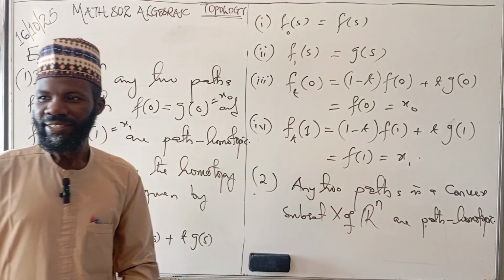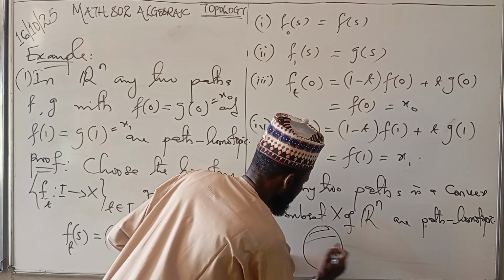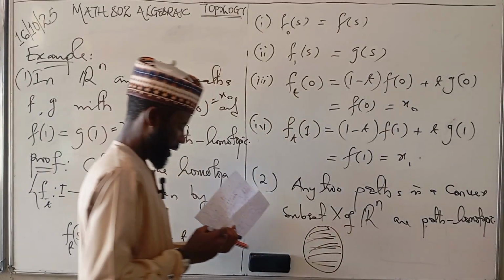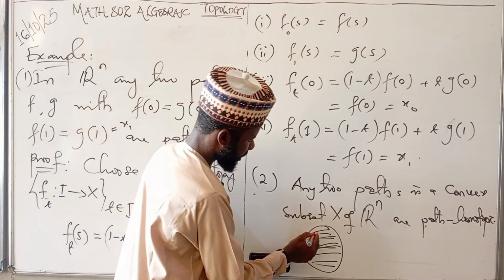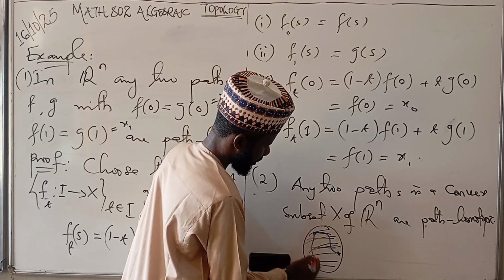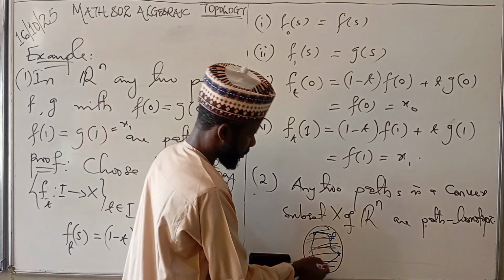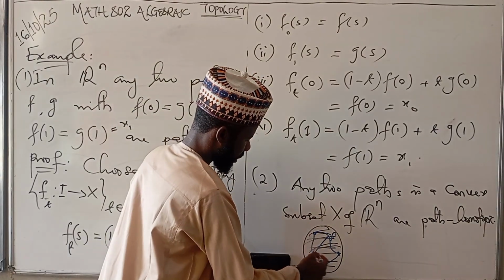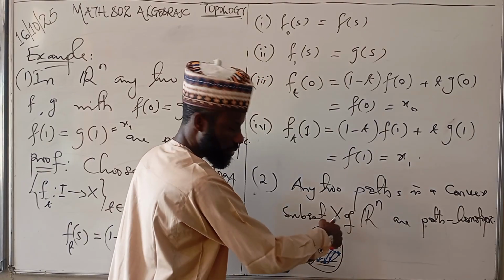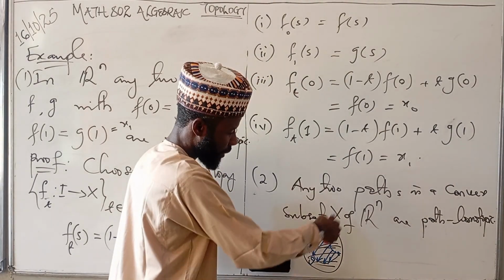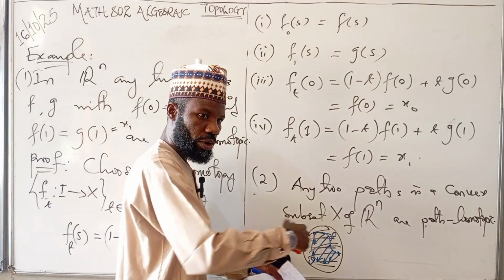Like a disk. If you are in a disk like this, and you describe paths in the disk, if you have a path F and another path G, then the two are always homotopic, because you can always draw this straight line to get from F to G without exiting the space. You are always inside the space because it is convex.